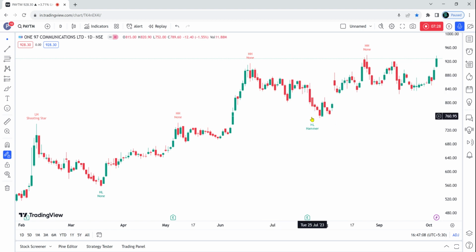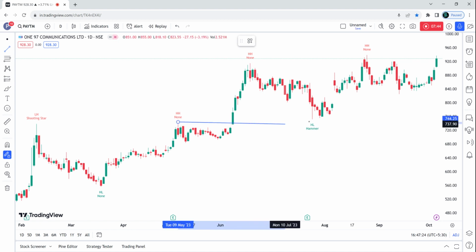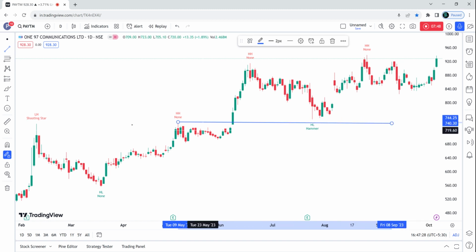It corrected. If you look at it, it came down to this particular point. Let me show you this candle movement, this level. I'll just mark this. So this is not an accurate drawing, but still it is showing a horizontal level.